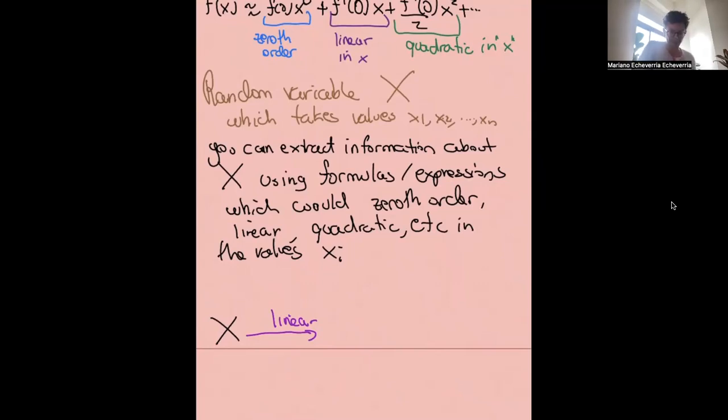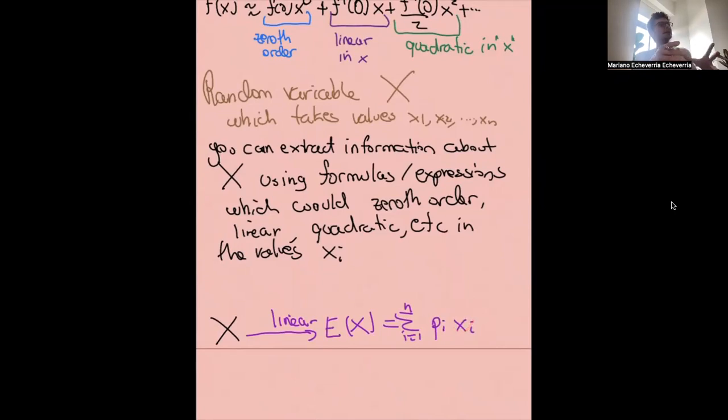If you look at the formula for the expected value, which was the sum from i equals 1 to n of pi times xi, if you thought about each xi as one of these variables, it is being raised to the power 1.